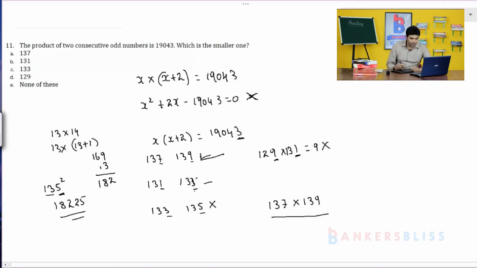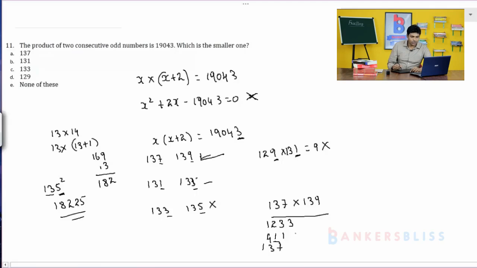See, you multiply 137 by 9. So, 9 sevens are 63. So, 3, 6 carry. 9 3s are 27 plus 6, 33, again 3 carry over. 9 ones are 9 plus 3, 12. Next, 7 3s are 21, 2 carry over, 3 3s are 9, 11, 1 carry over, 3 ones are 3 plus 1, 4. Next 137 you are going to get.